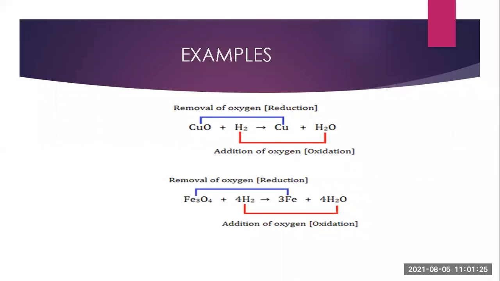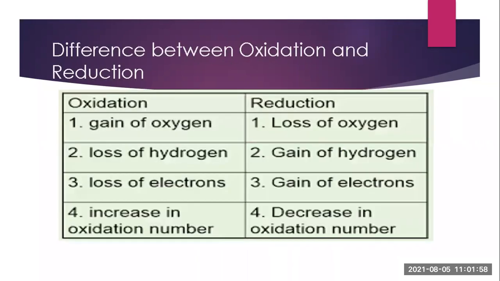Which element is reduced here? Iron is reduced, because it loses oxygen. Whenever removal of oxygen occurs, that is a reduction process, and whenever addition of oxygen occurs, it is an oxidation process. So here reduction of iron and oxidation of hydrogen take place. Both reduction and oxidation are taking place, hence it is a redox reaction.